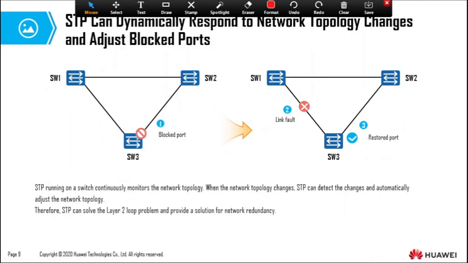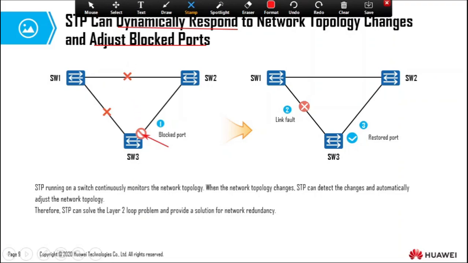As I said, STP is able to detect topology changes in order to dynamically respond and adjust blocked ports. So in short, we've blocked this port, but what if this interface here goes down? Or what if this interface here goes down?